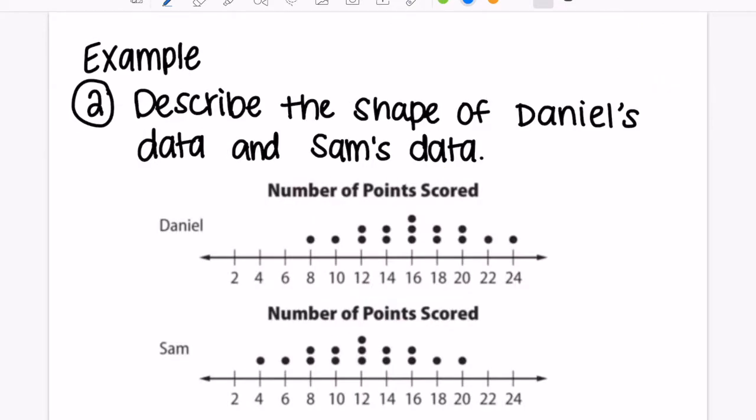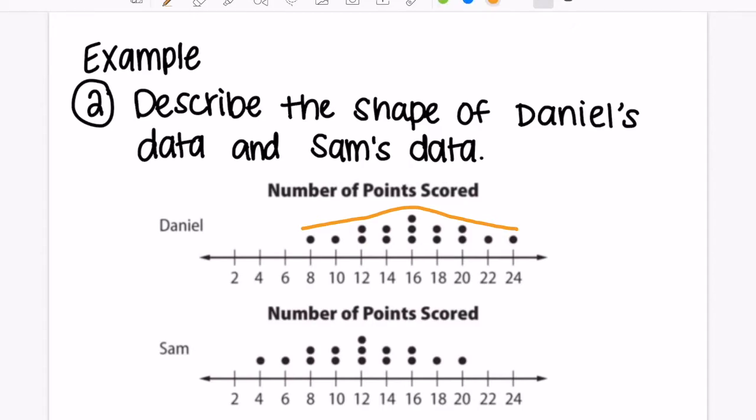Example 2. Describe the shape of Daniel's data and Sam's data. Looking at this data, I would say that it's pretty symmetrical. This one's pretty bell-shaped, meaning I can see that it is symmetrical on each side.